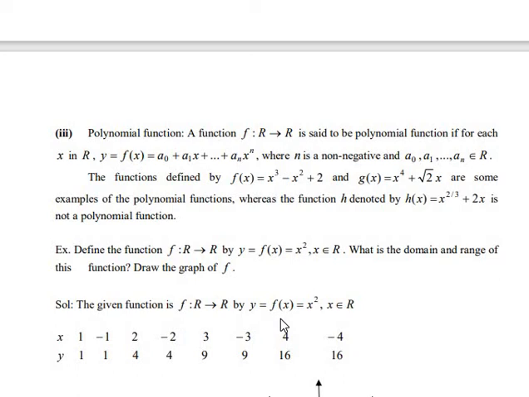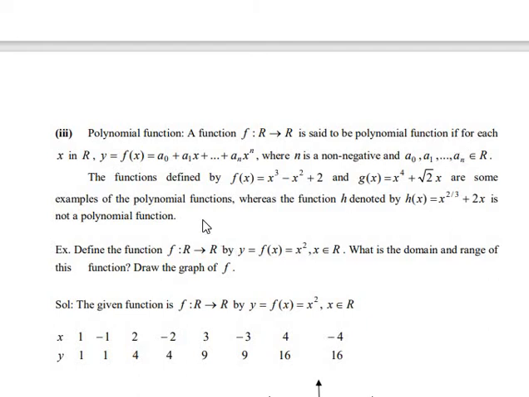So the definition is like this: a function f from R to R is said to be a polynomial function if for each x in R, f of x is a polynomial, like a0 plus a1x plus a2x squared up to anx to the n, where n is a non-negative integer and a0, a1, a2, up to an belong to capital R. That means all these are real numbers.